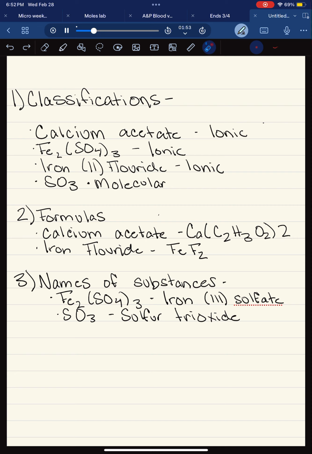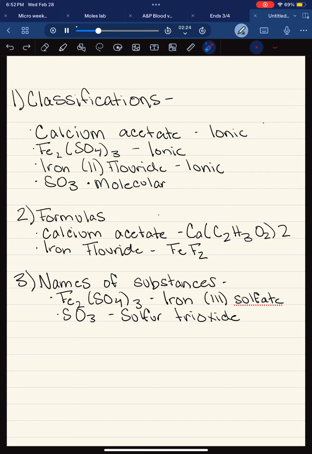Next, we're going to be looking at the formulas of our worded substances here. So our calcium acetate is going to be the Ca, our calcium here, and then the acetate ions, which are here, and then our charge over here.